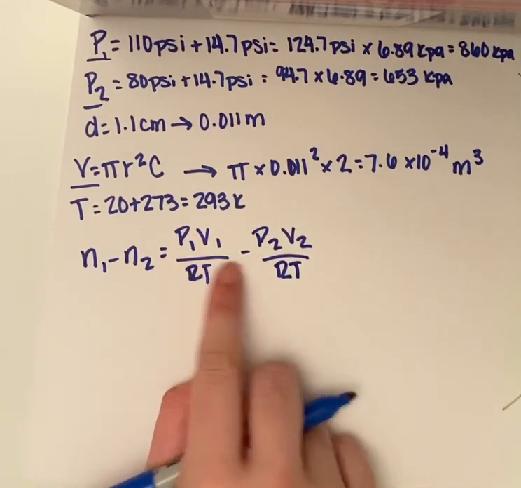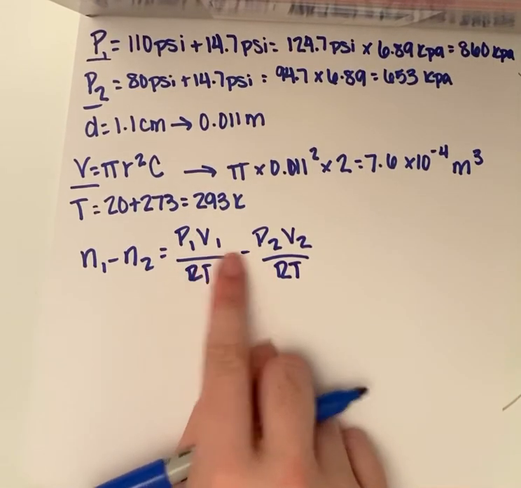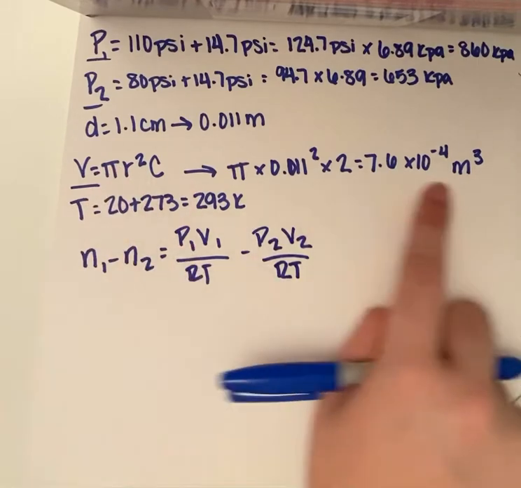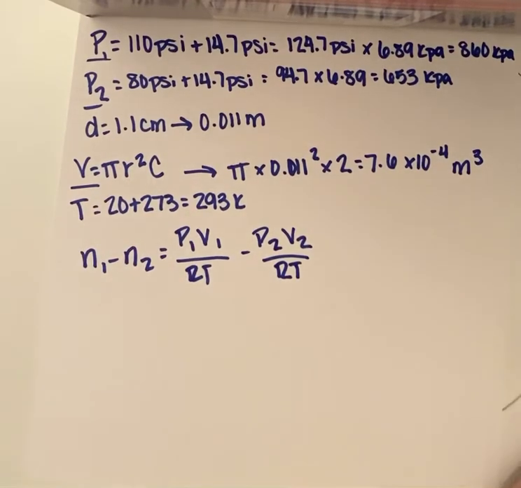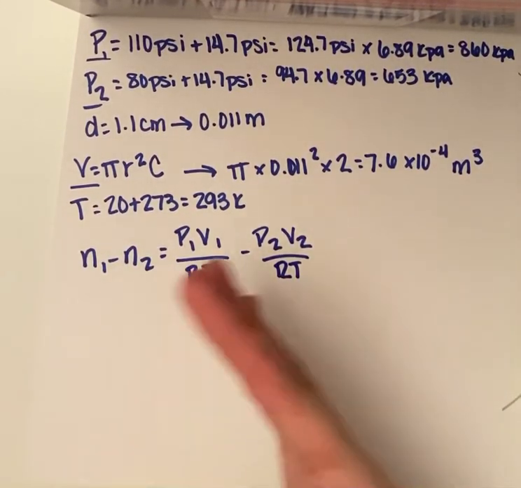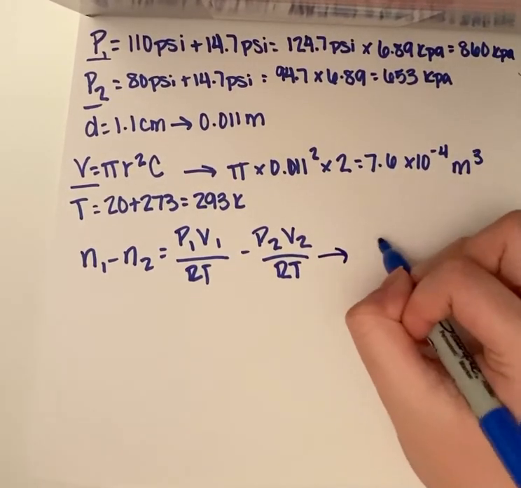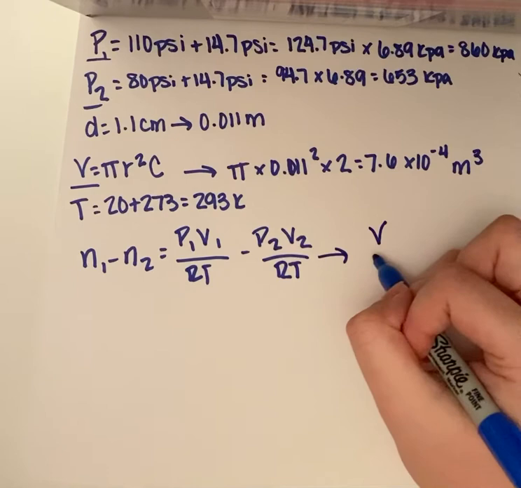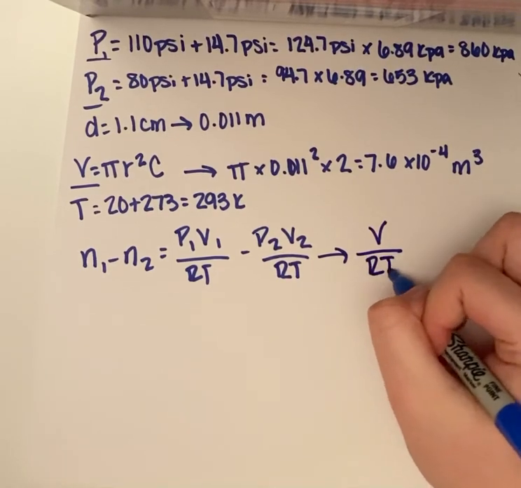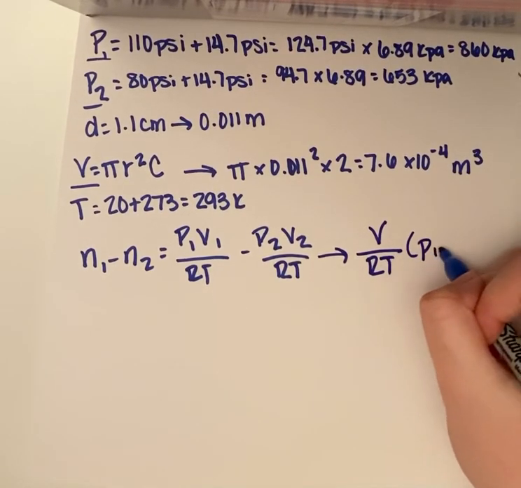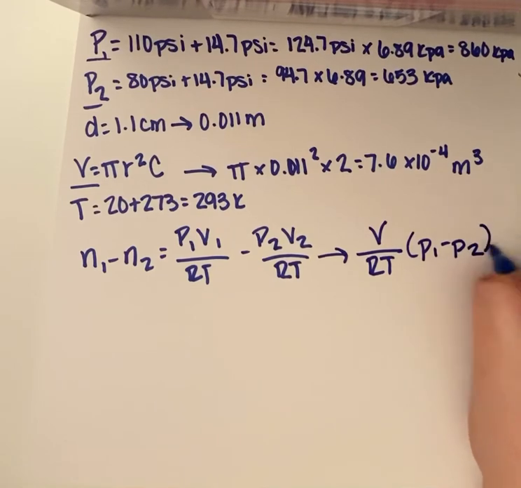And we already know that the total volume is calculated already. So we'll just multiply the pressures to the side. So it looks like V on top, RT on bottom, and then P1 minus P2 on the side. So then we just plug in our values that we calculated.